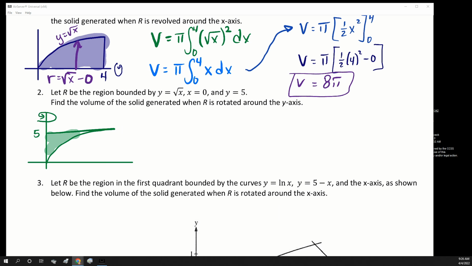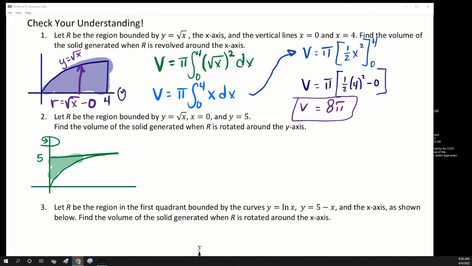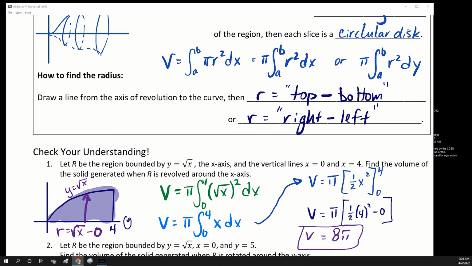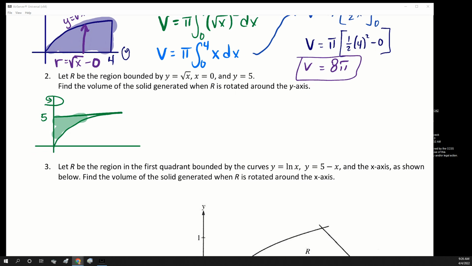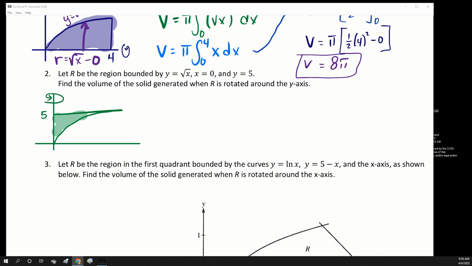And we're going to rotate it around the y-axis, so it's going to kind of look like a funnel. Okay, so again, when we're finding the radius, what we're going to do is draw a line from the axis of revolution to the curve. So our axis of revolution is the y-axis this time, and we're going to go to the curve. Now, whenever we are doing a vertical revolution, our function needs to be in terms of y.